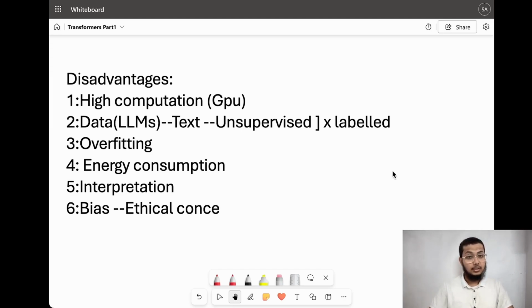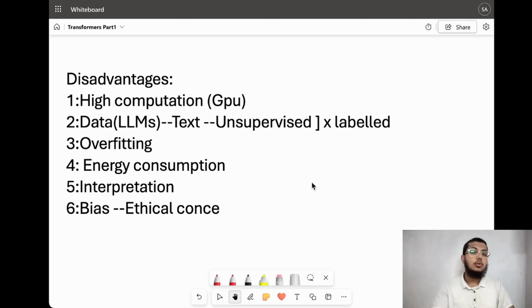Second one is data. Just like every other deep learning architecture, transformer also has this limitation that to be trained properly, it requires data to work properly. But the good part is that mostly whatever applications are made or are being used till now, like large language models, are very easily trained on text data with the help of unsupervised pre-training. Basically, you don't need labels.